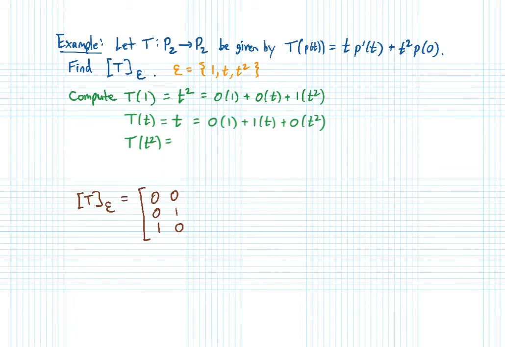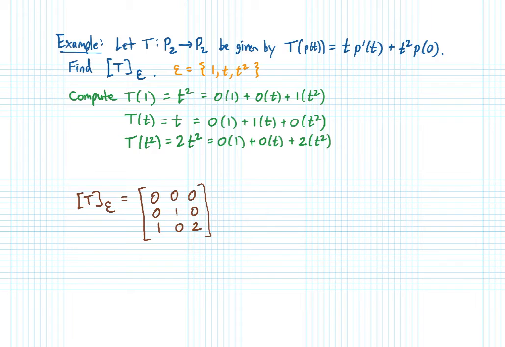And then for the third column, we do the same thing for t squared. In this case, t times p prime of t is 2t squared, and p of 0 is 0, so you just have 2t squared. And so we write out 2t squared as a linear combination of the basis vectors, and then that gives us the third column of the matrix.